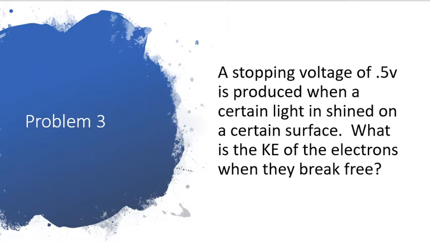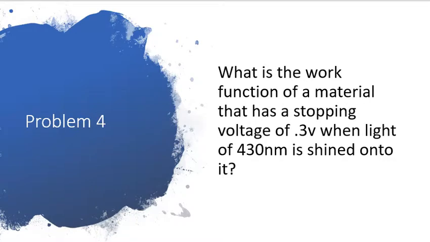Problem 3: a stopping voltage of 0.5 volts is produced when a certain light is shined on a certain surface. What is the kinetic energy of the electrons when they break free? And the last question: what is the work function of a material that has a stopping voltage of 0.3 volts when light of 430 nanometers is shined onto it?